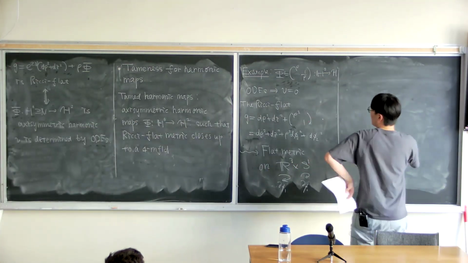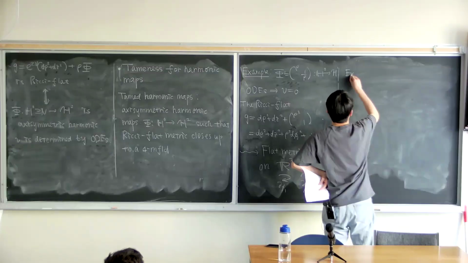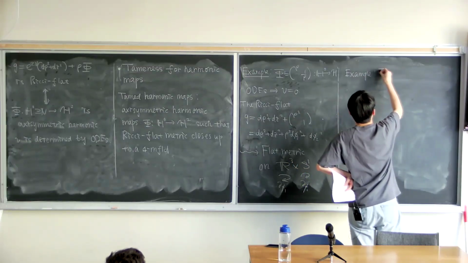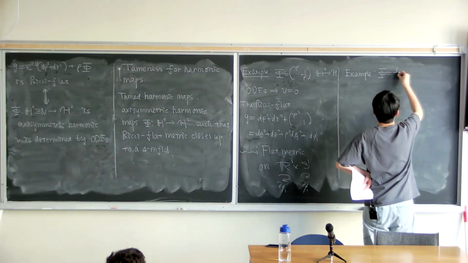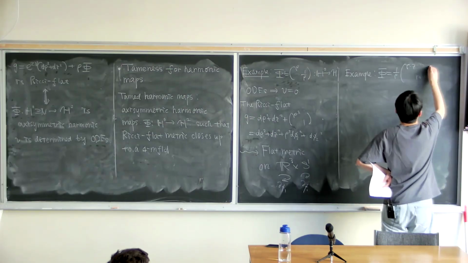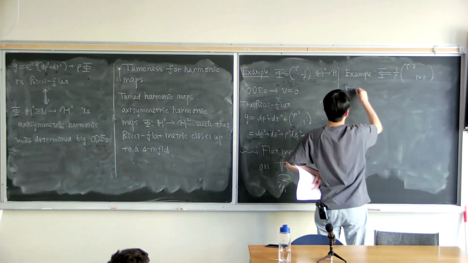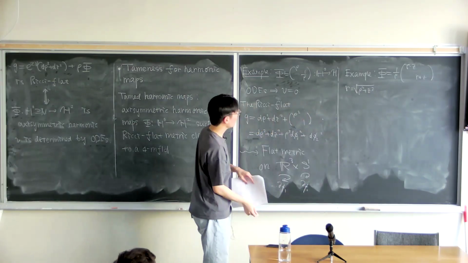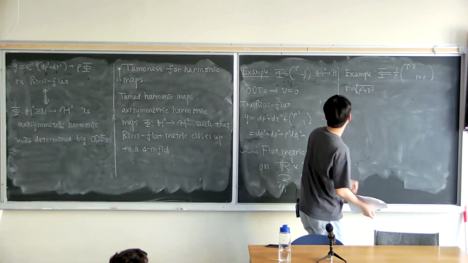All right, and my second example. You can consider a somehow more complicated harmonic map. And my R here is the distance to the origin in the right half plane. You can check that this is also a harmonic map.